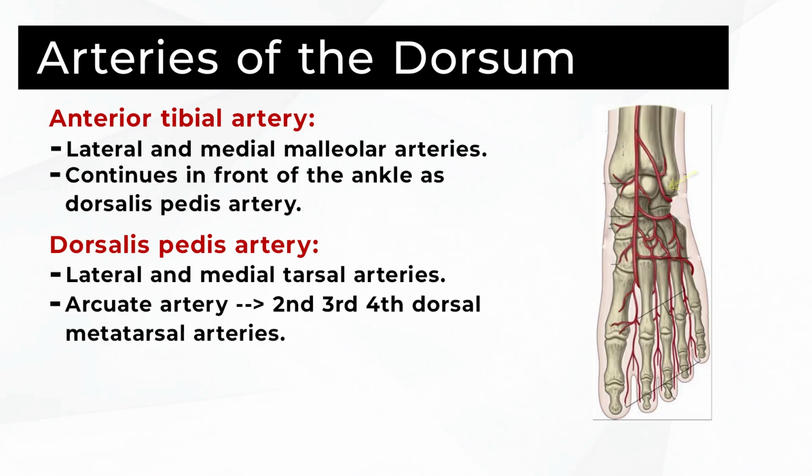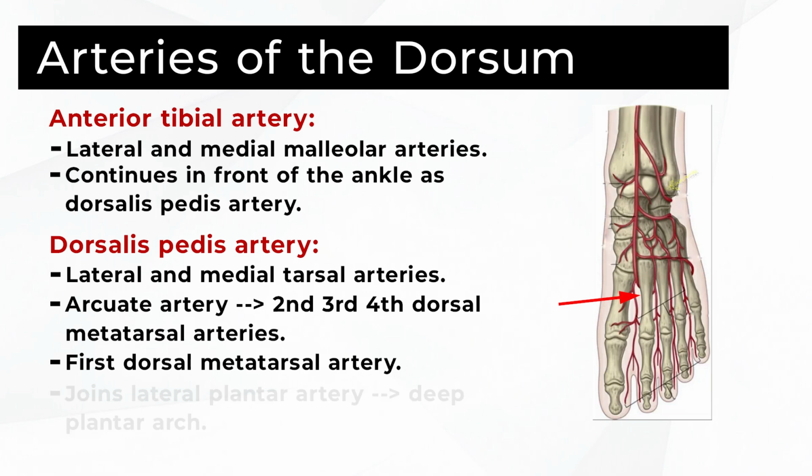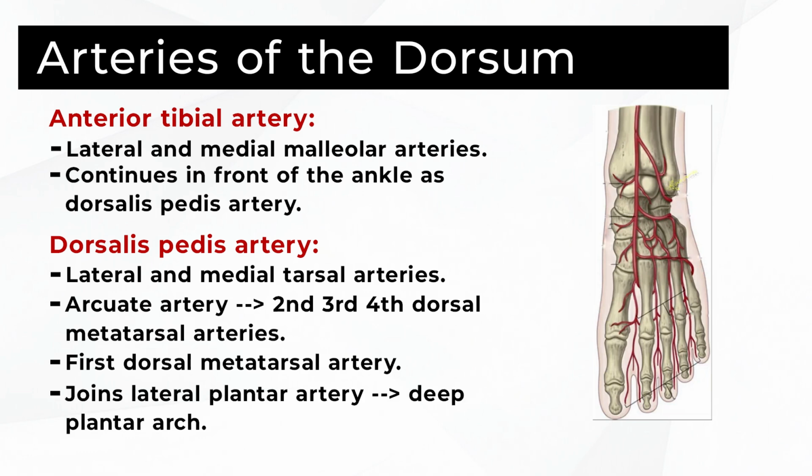The dorsalis pedis artery then gives off the first dorsal metatarsal artery and finally dips down into the first intermetatarsal space and joins the lateral plantar artery to complete the deep plantar arch.